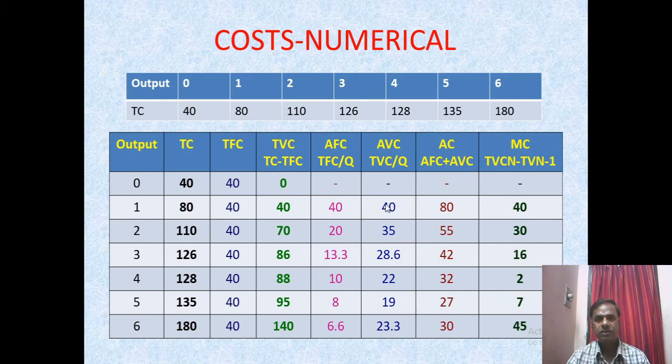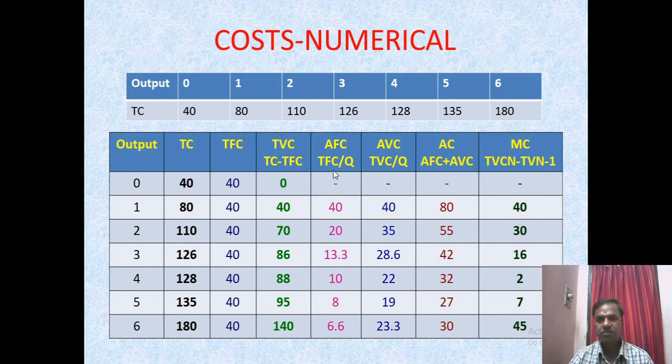AVC is TVC divided by output. 40 divided by 1, 70 divided by 2, likewise it comes. AVC, average variable cost, first decreases, then afterwards it increases. Up to this point it decreases, then afterwards it increases.